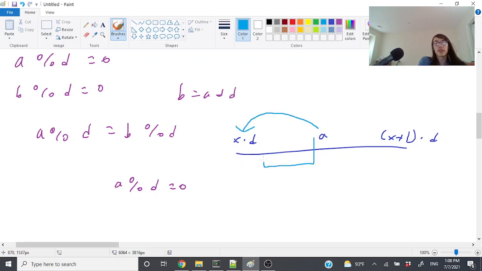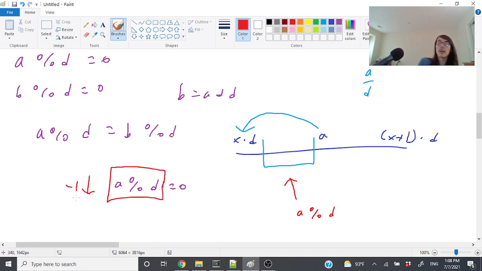Well, the remainder here is essentially the remainder of division of a over d. So this size is equal to a mod d, right? Because if we have a current value of a mod d and we need to bring it down, we can subtract 1 that many times, and that's the number of times it takes us to get to 0.